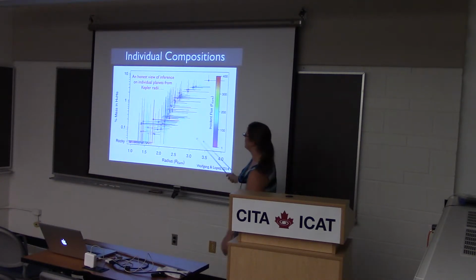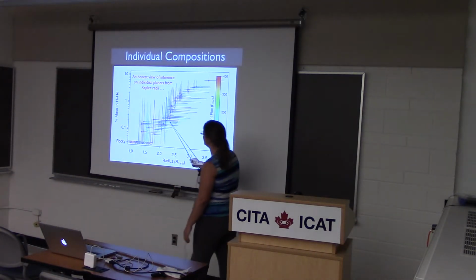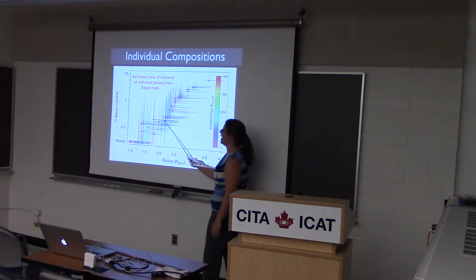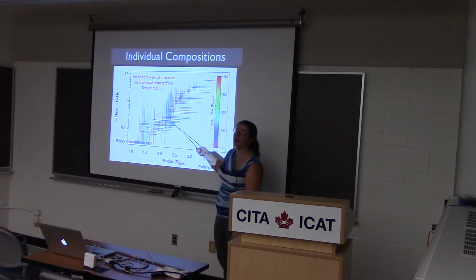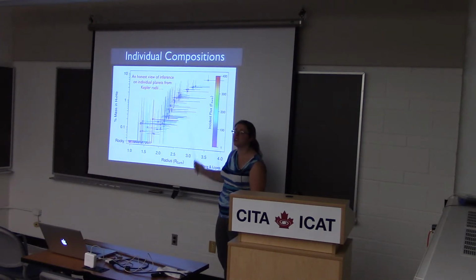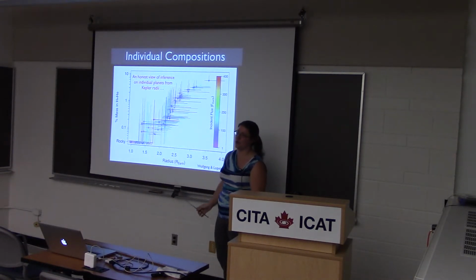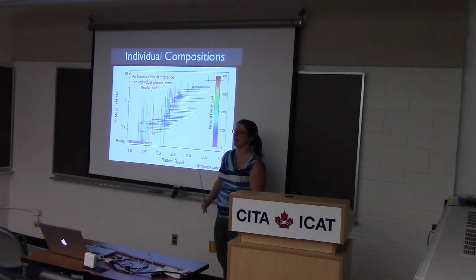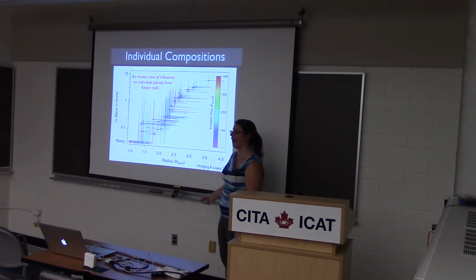You'll notice there are large errors here on the radius of the planet. Not only are they large, but they're asymmetric. This is what makes it so difficult to accurately incorporate the large uncertainties in the stellar radii without going to this kind of sophisticated statistical modeling.